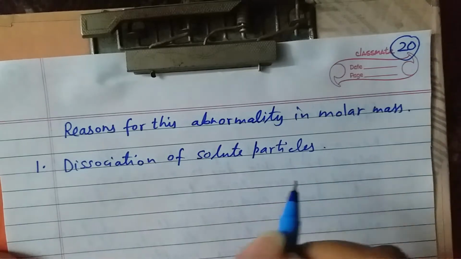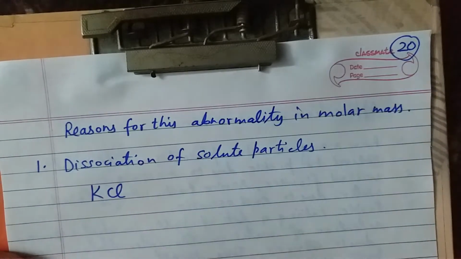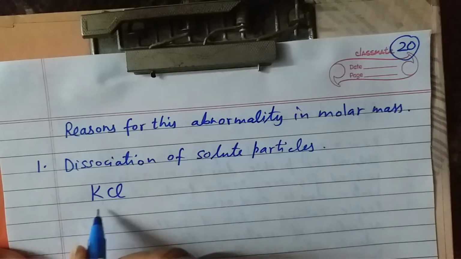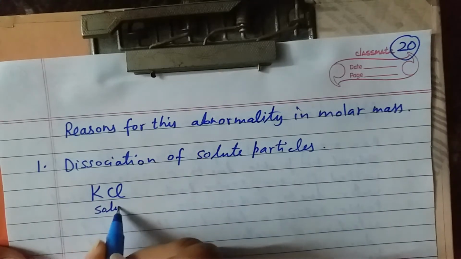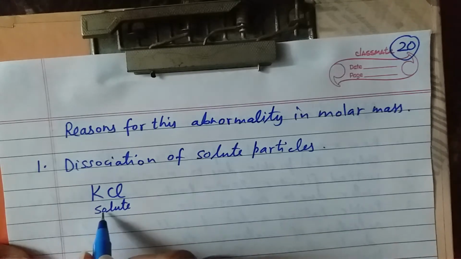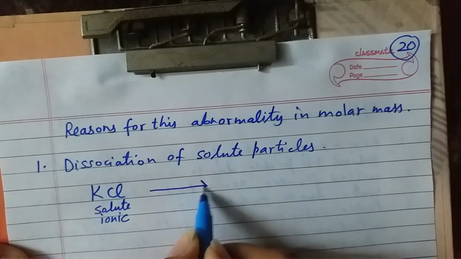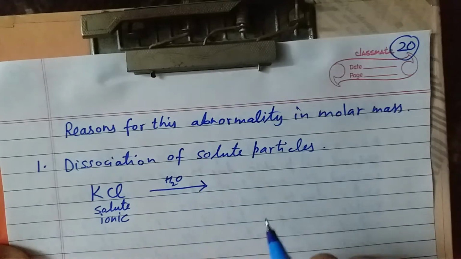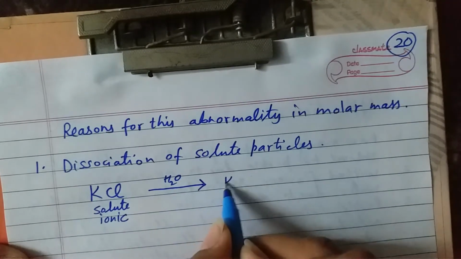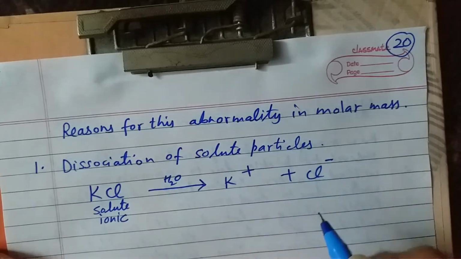I will take an example. Let's say potassium chloride is added as a solute. So KCl is added as a solute to, let's say, water to make a solution. Now KCl is an ionic compound and it has a tendency to dissociate. The moment you add it to water, it will dissociate to give K+ ions and Cl- ions in the solution.